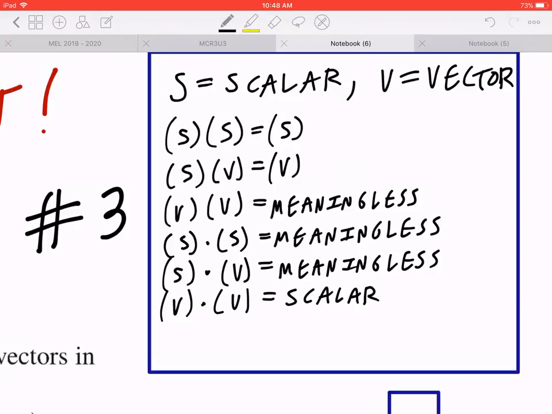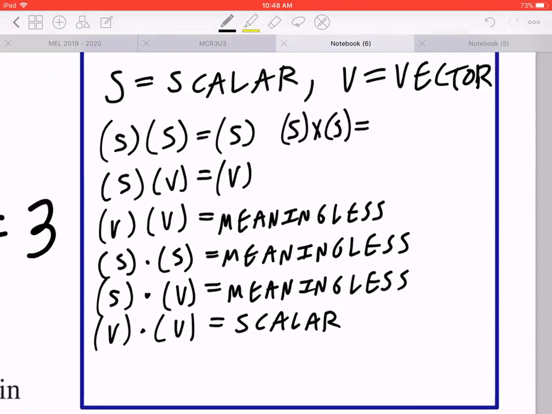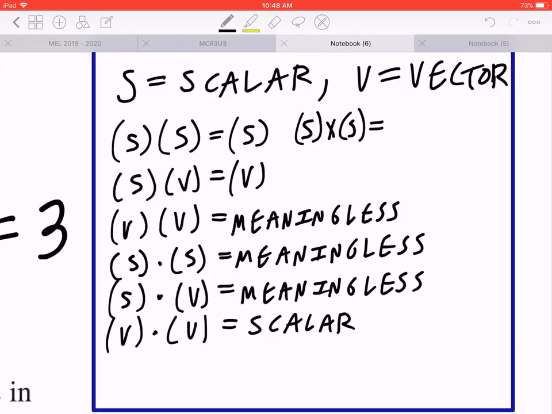And last but not least, the last 3 you want to think about include the cross product of 2 scalars. Again, this could be 5 cross 7, and this is going to be meaningless. You cannot take the cross product of 2 numbers.